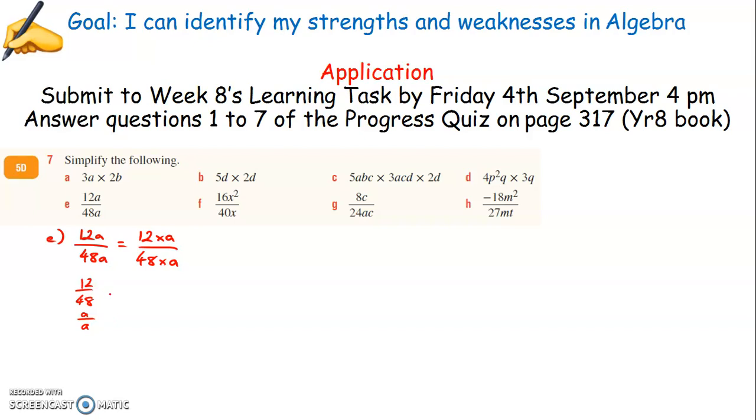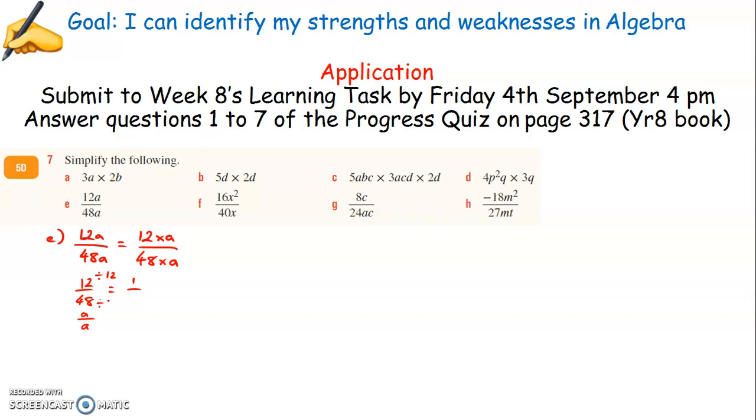So 12 over 48. Now we've learned about simplifying fractions. What number can go into both 12 and 48? Well, the largest number that can go into both 12 and 48 is 12. How many times can 12 go into 12? One time.